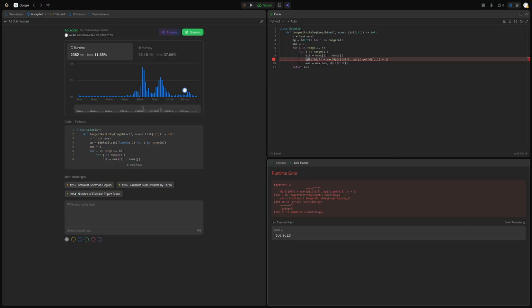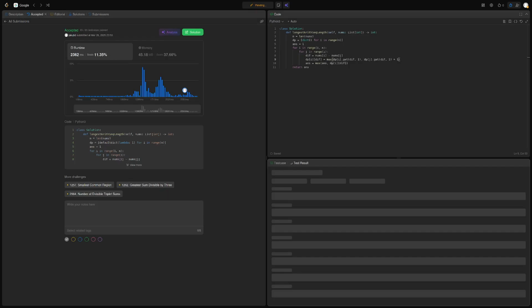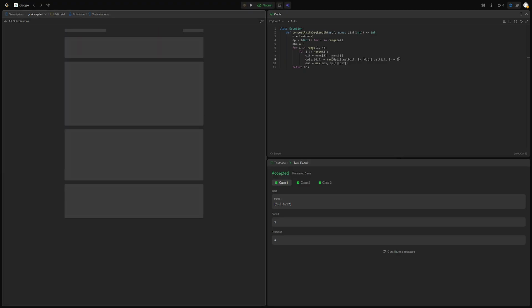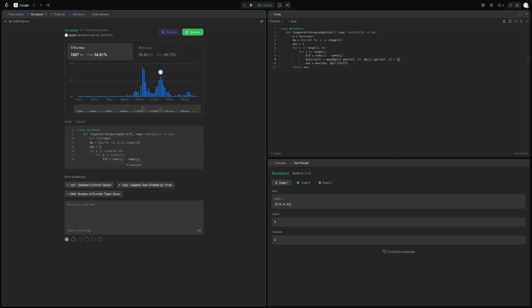So dp[i].get, dp[i][diff] is equal to max, dp[i].get(diff). Maybe this will be faster, I don't know. That's a little faster.